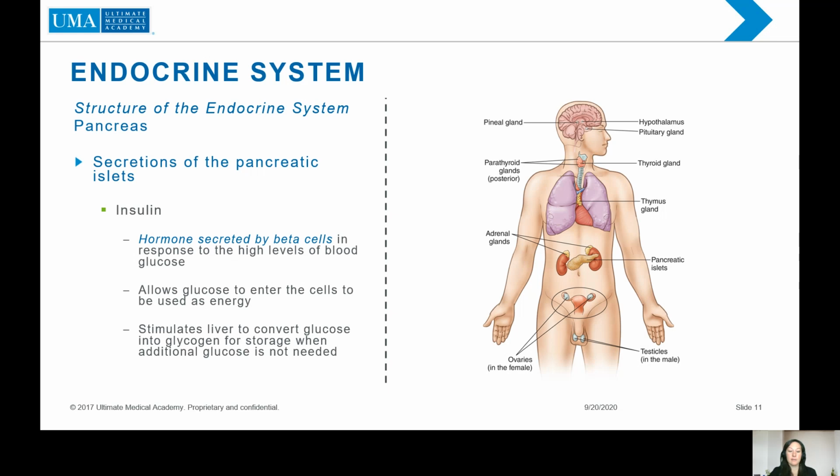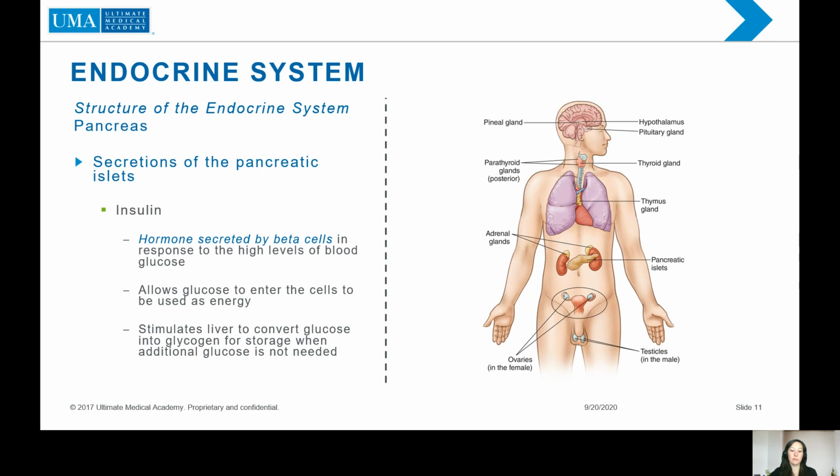So, secretions of the pancreatic islets. Let's talk more about insulin. Insulin is the hormone secreted by beta cells in response to high levels of blood glucose. So, if you're having high levels of blood glucose, your body is going to say, you need more insulin.